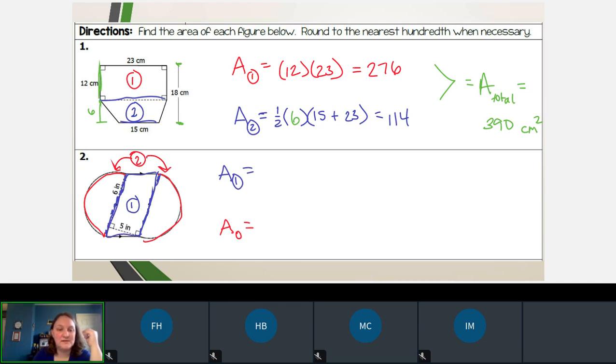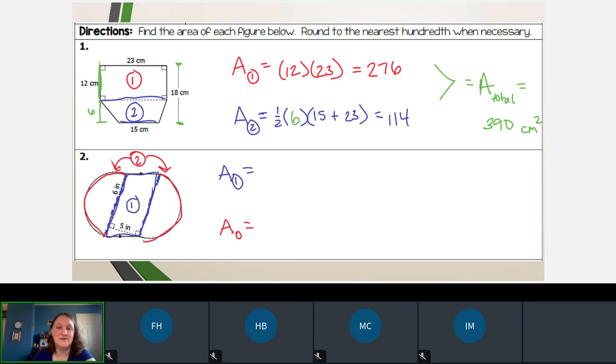All right, so let's find the area of the parallelogram. Think outside the parallelogram, Lydia says. So we look at our formula sheet, and the formula sheet says the area of a parallelogram is base times height, right? Remember, your height is always perpendicular to your base. So in this case, what would the height of that parallelogram be?